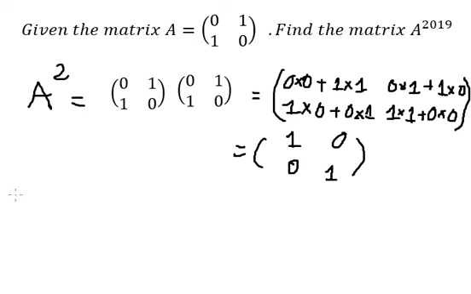Now let's go to A to the power of 3. That means we have this one in here multiplied by this one in here.